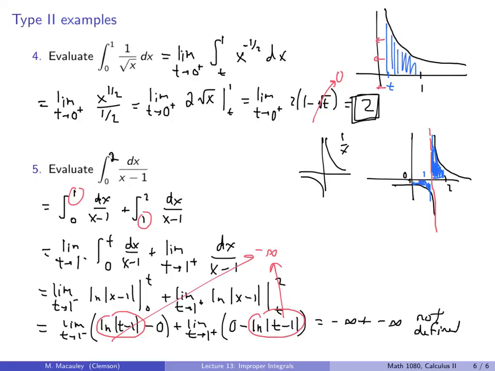Actually, plus positive infinity technically. It's tempting to want to cancel that and say, oh, that's equal to 0, but you can't do that. The picture of why these things are negative infinity and positive infinity is because the area here is negative infinity, the area here is positive infinity. So here we say that the integral is divergent.